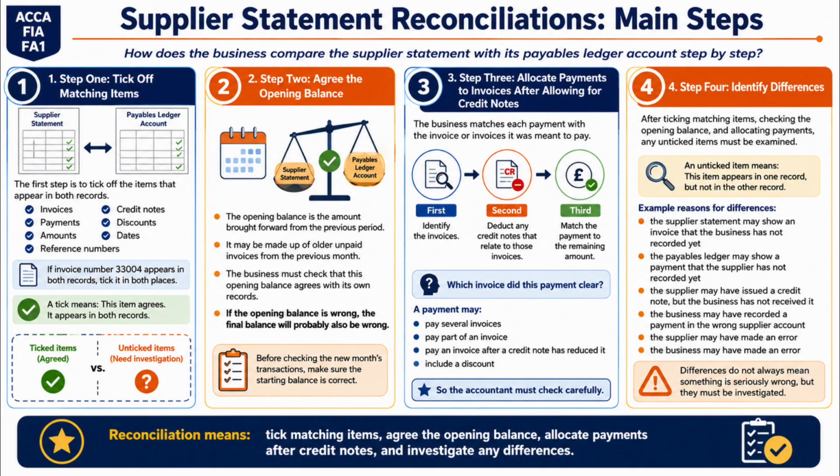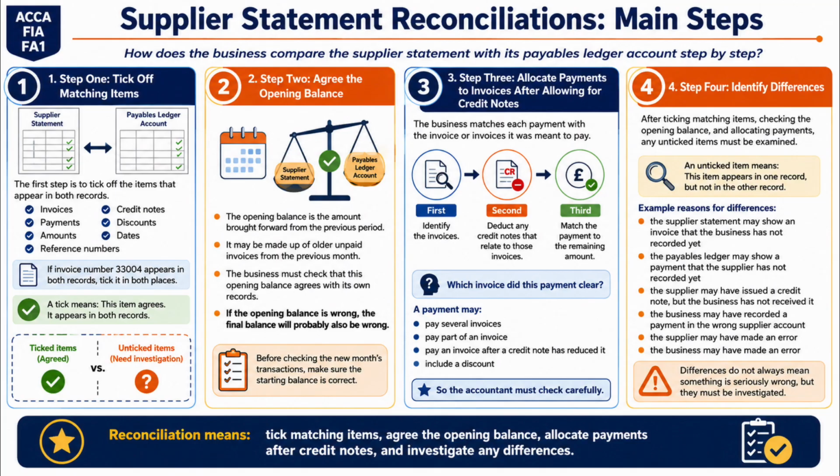But before deciding which invoices are paid, we must also consider any credit notes. A credit note reduces the amount owed. So the correct order is: first, identify the invoices. Second, deduct any credit notes that relate to those invoices. Third, match the payment to the remaining amount. This is called allocating payments. In simple words, we are asking, which invoice did this payment clear?